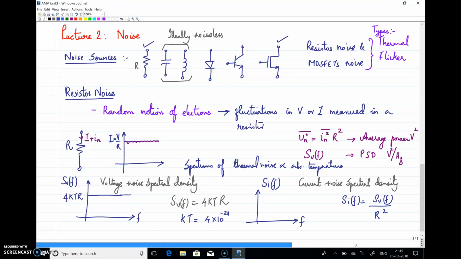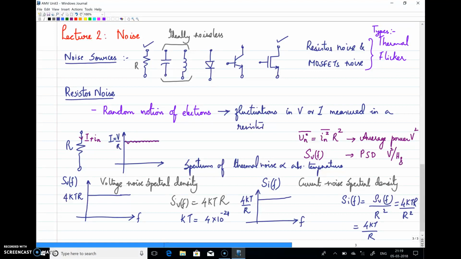Instead of R, it should be R square, because what we are dealing with here is the statistical representation of noise, and it is actually average power. So this is equal to 4 kT R divided by R square, that is 4 kT by R. So this is again a constant value, 4 kT by R.